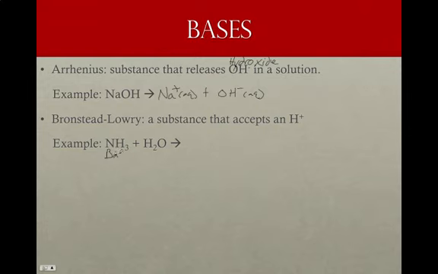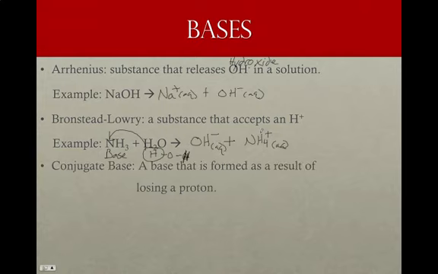So if we look at water like this, and this proton is going to attach itself onto the NH3, what we'll be left with over here is the OH- of the water plus NH4+. And again, we have to make sure that we account for those pluses. And that'll be aqueous. And that'll be aqueous.